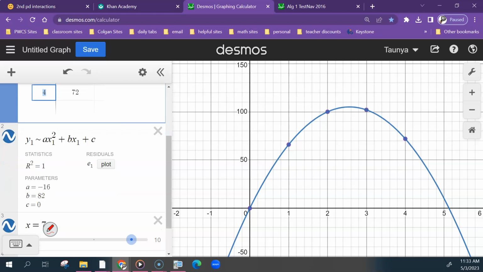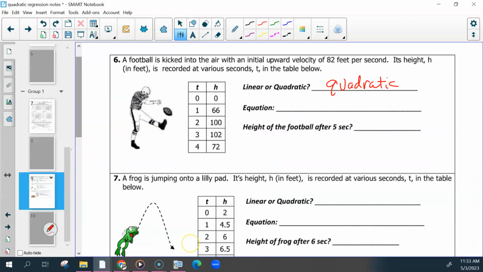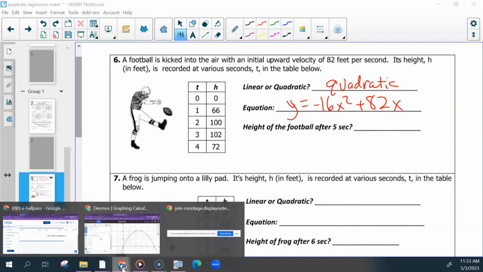Your equation for that one is y equals negative 16x squared plus 82x. There is no c, so nothing there. And then we're looking for the height of the football after 5 seconds. So again, we're looking for the y value when x is 5.